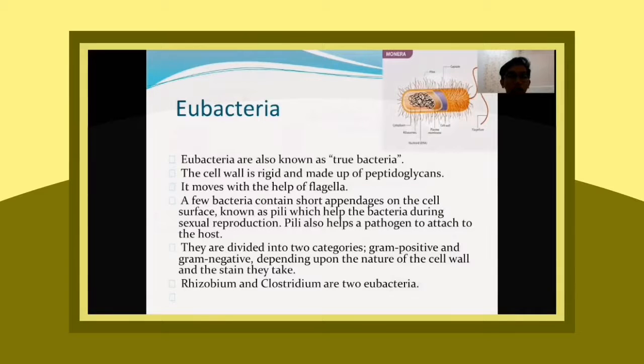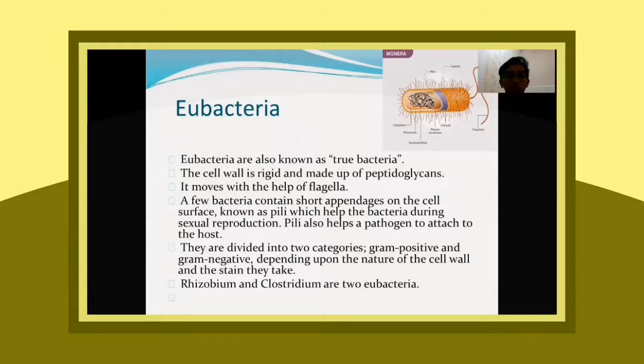Eubacteria are also known as true bacteria. The cell wall is rigid and made up of peptidoglycan. Eubacteria move with the help of flagella. A few bacteria contain short appendages on the cell surface, known as pili, which help the bacteria during sexual reproduction. Pili also help pathogens to attach to the host.